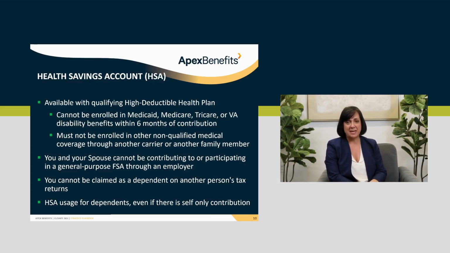So let's say that you have your medical benefits set up with your high deductible health plan, your HDHP, as employee only. You can contribute up to the allowed amount for the year, the maximum of $4,400. You cannot contribute the family amount, only the individual amount.